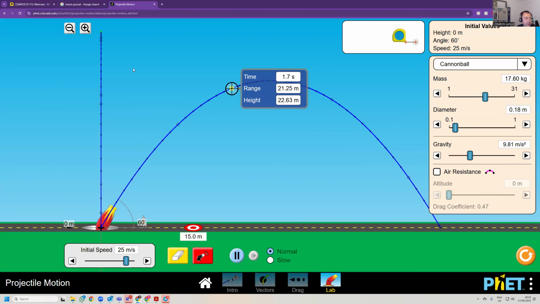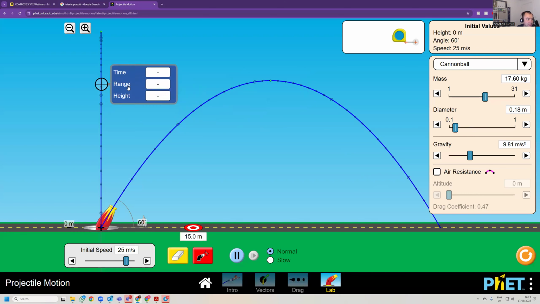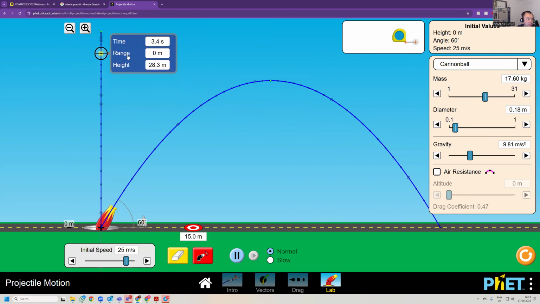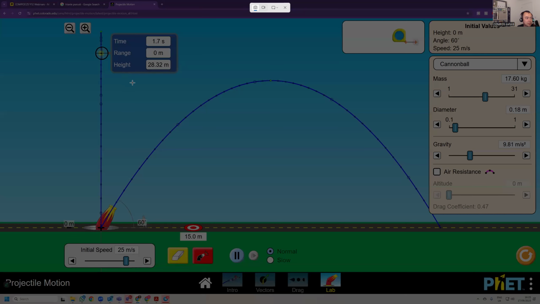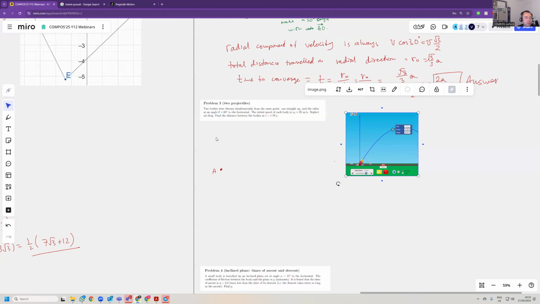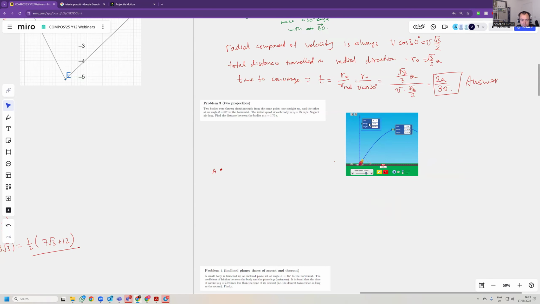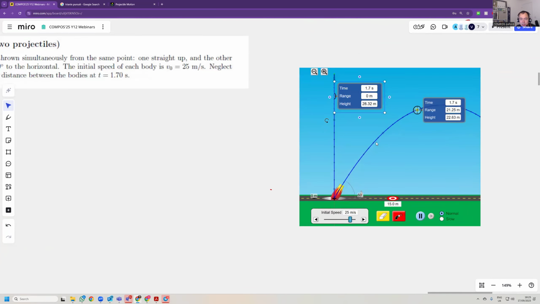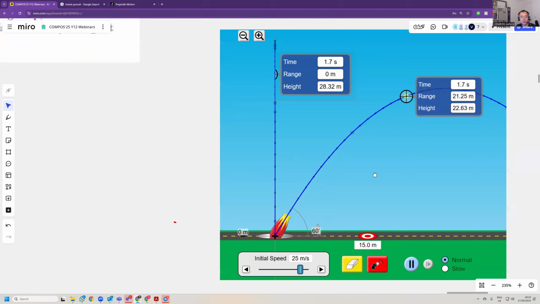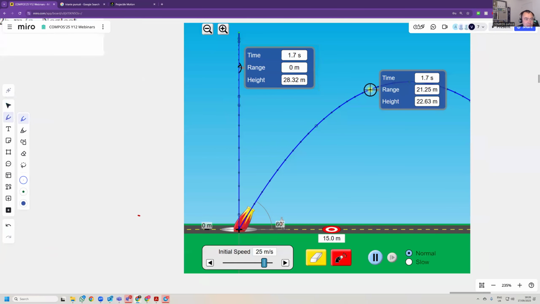So now we know what we're looking for. After 1.7 seconds, one particle is going to be here, and one particle is going to be here.